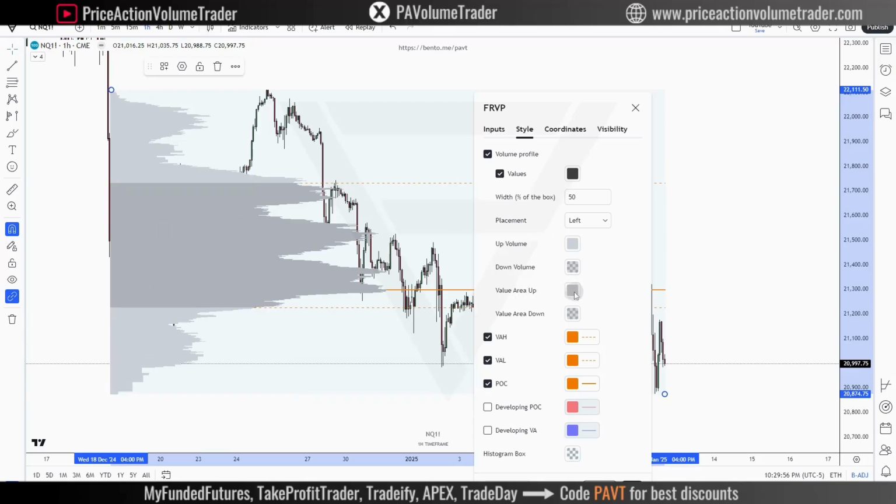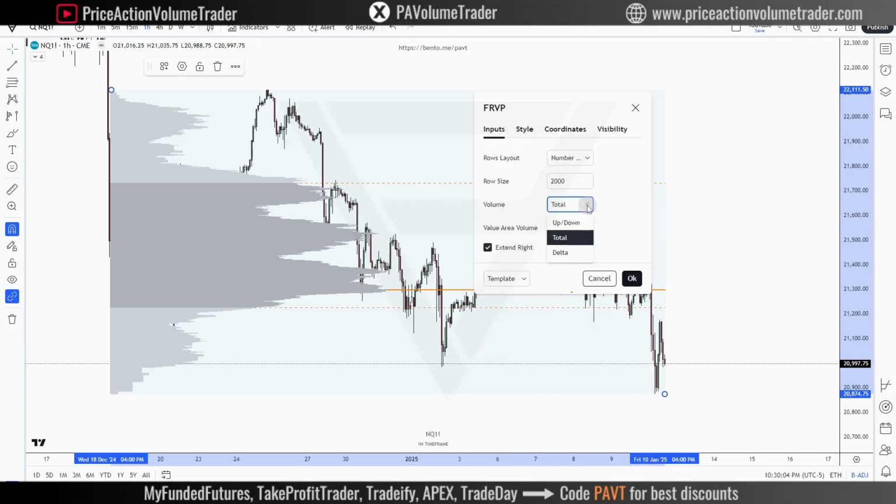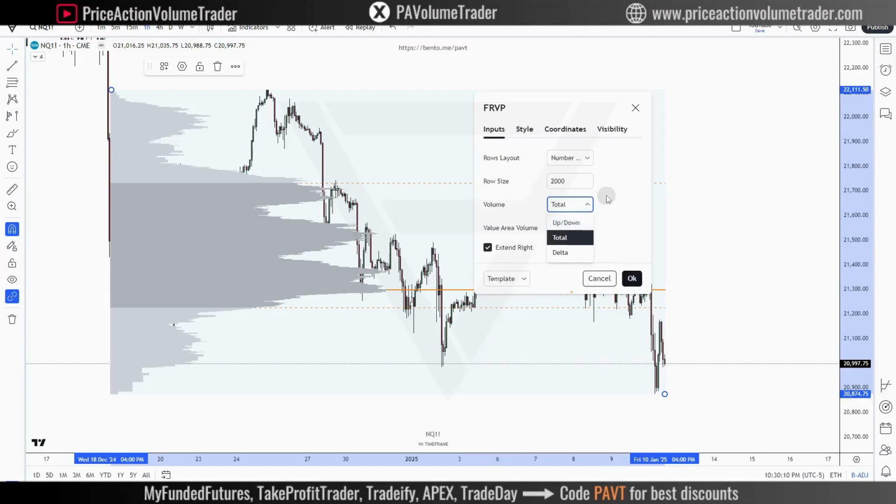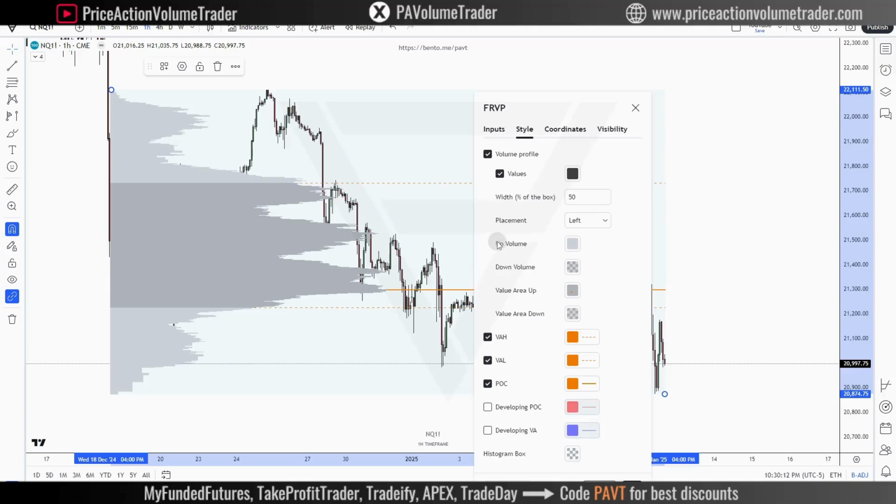And value area up is going to be obviously the value area. I don't really care about the down volume, because again, if we're using up and down, then that's where this will come into play. But since I'm only using total, then just the up volume and value area up, these are the only two colorings that I need, okay?